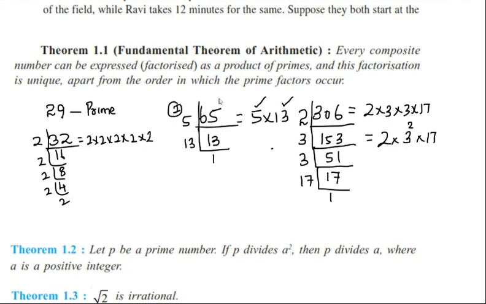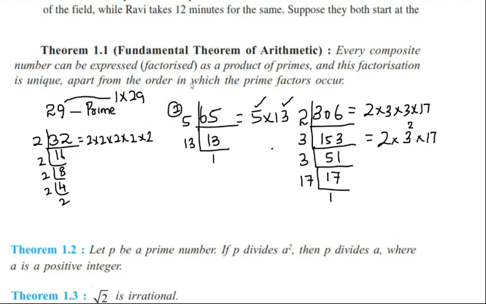But what the fundamental theorem of arithmetic says is that every composite number, either 32 or 65 or 306, the 3 composite numbers I took, can be expressed or factorized as a product of primes. 29 is a prime number, that cannot be. If you want to write 29, it can be written as 1 into 29.